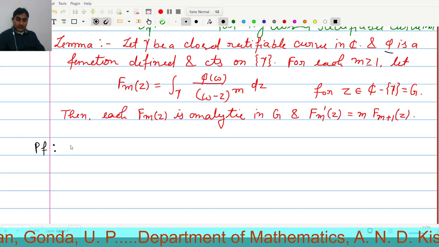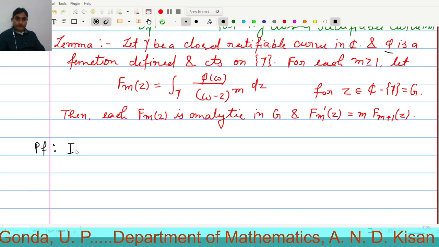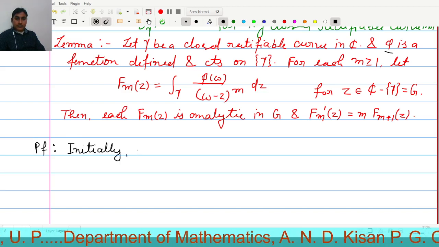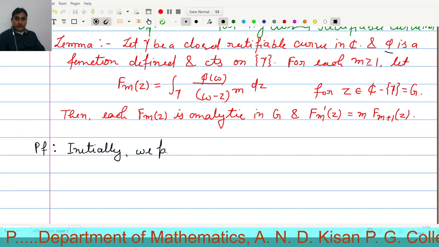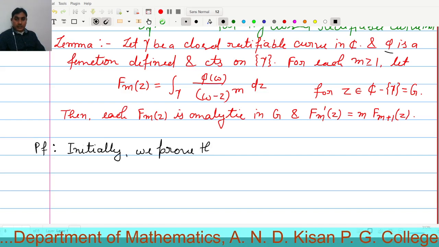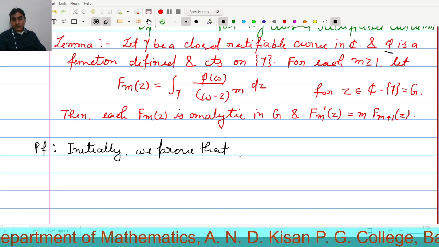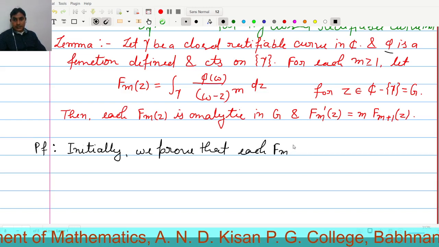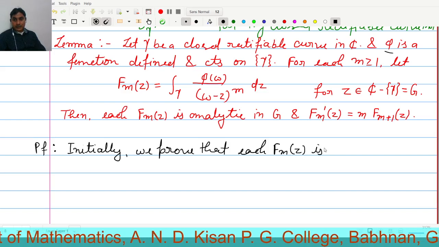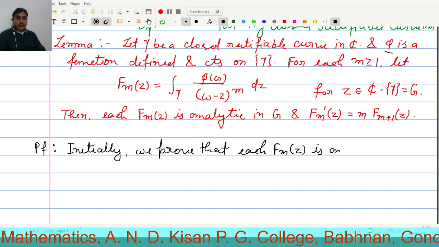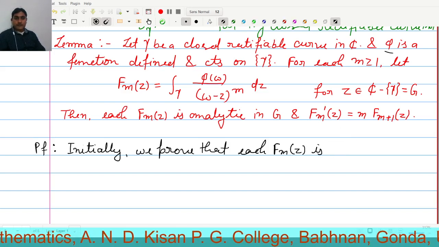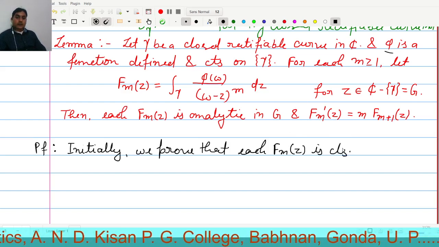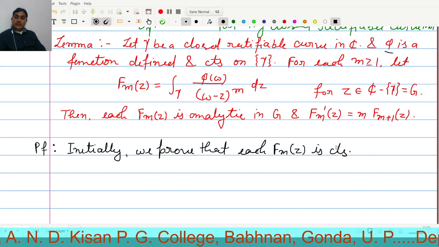So our claim is that initially we prove that each F_m(z) is continuous. Okay, so each F_m(z) is continuous.